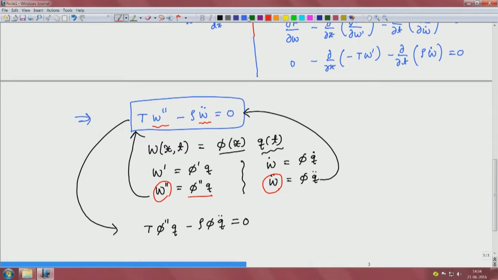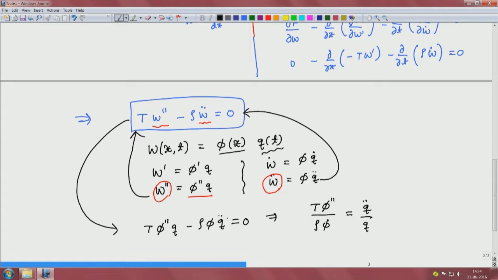So we get T phi double prime divided by rho phi equal to q double dot by q.